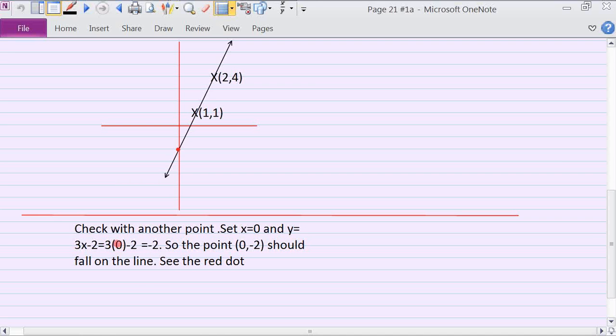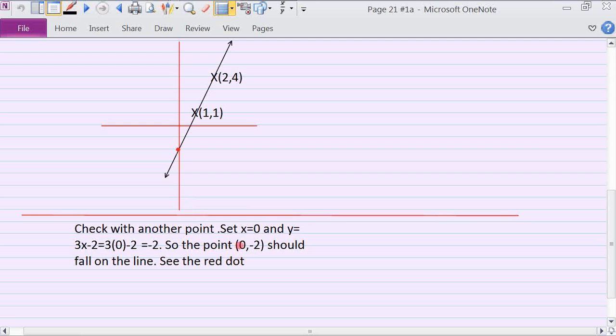So 3 times 0 is 0, minus 2 is minus 2. So when x is 0, y is minus 2. So we have another ordered pair. Now, if we've drawn this line correctly, this ordered pair should lie on the line.